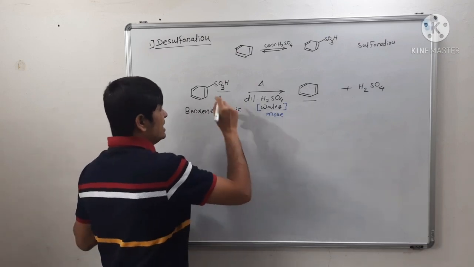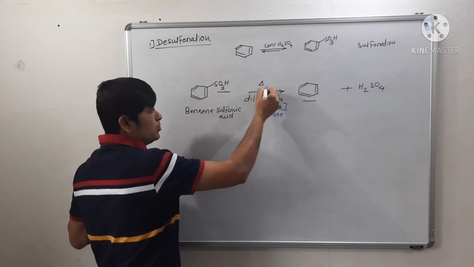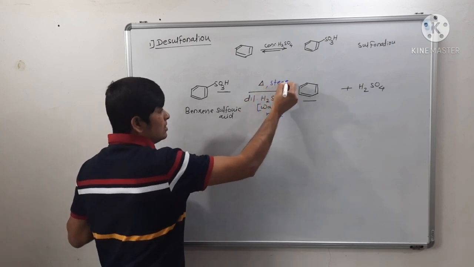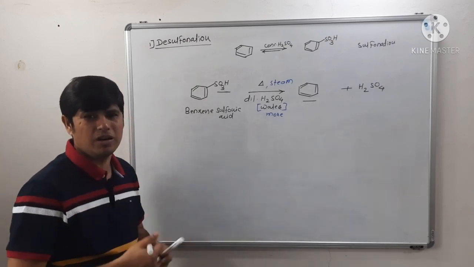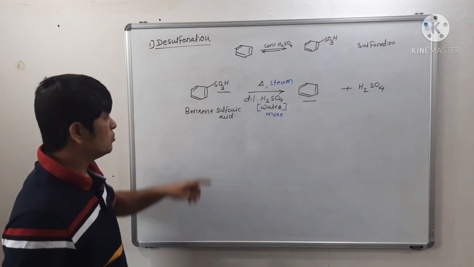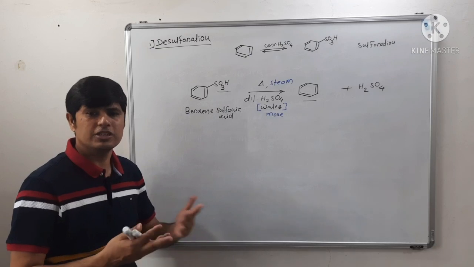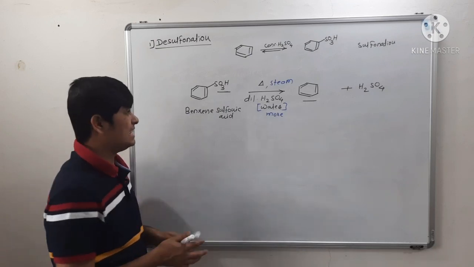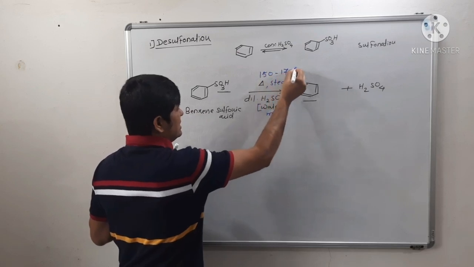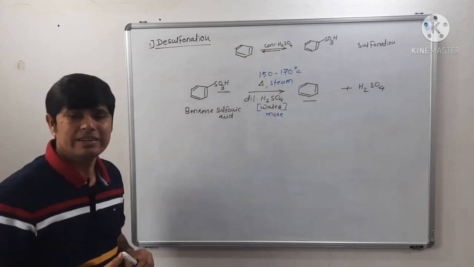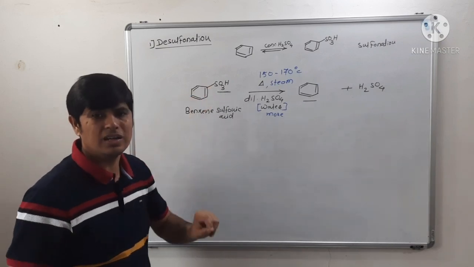So when we heat benzene sulfonic acid in presence of dilute H2SO4 or superheated steam, steam being nothing but vapor of water, that is also water, so when we heat benzene sulfonic acid with very dilute H2SO4, in which the concentration of water is more, at 150 to 170 degrees Celsius, then this benzene sulfonic acid will undergo desulphonation.